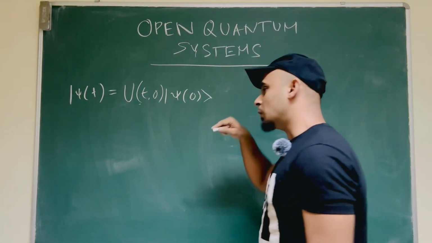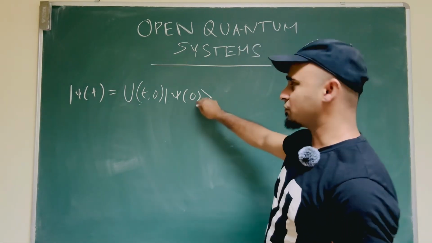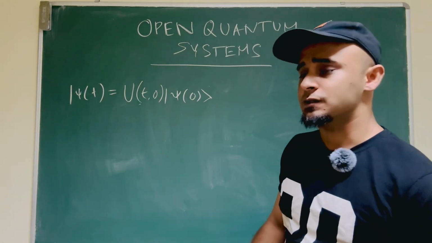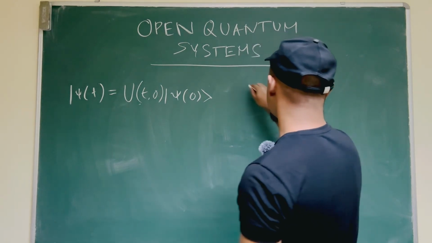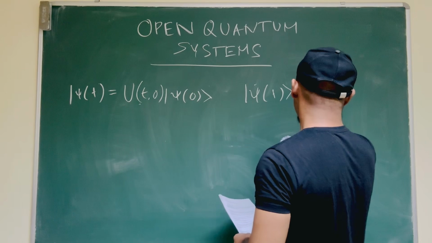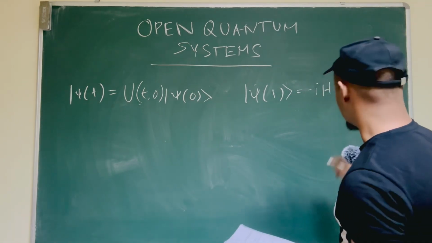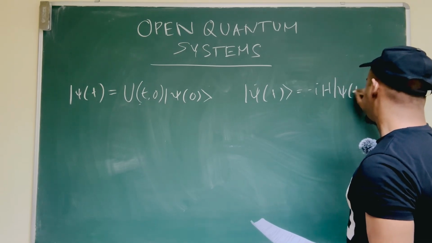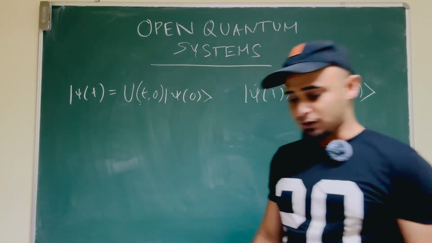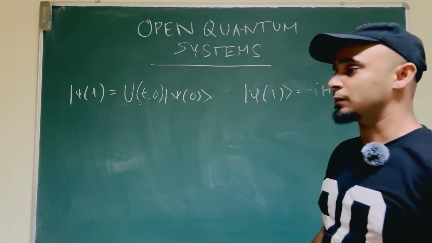Another way to deal with time evolution is the Schrodinger equation. So what was the Schrodinger equation? It's just this thing. We're going to take h cross equal to 1 everywhere. Let's make this clear from now on. That's the last thing we learned when we were learning about the third postulate.